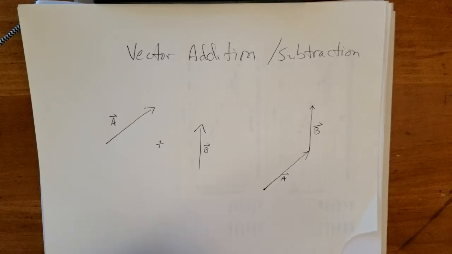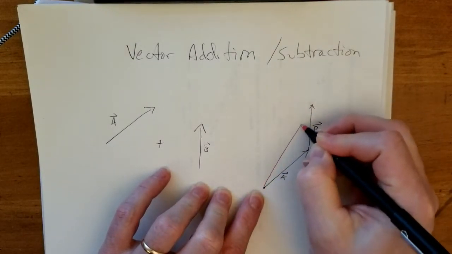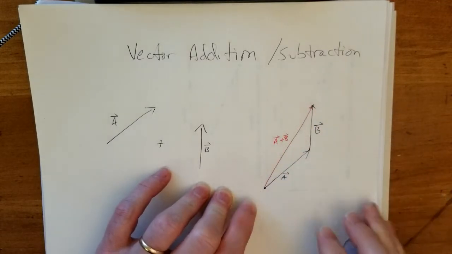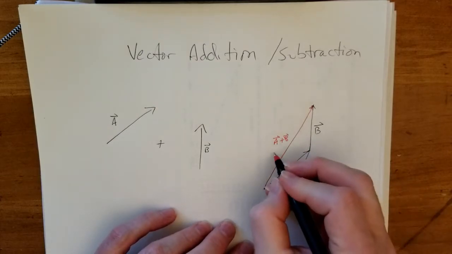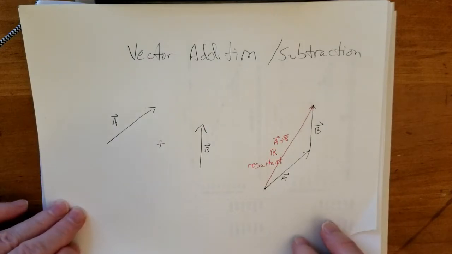So I'm basically going from there to there. This is the vector A plus B. This is also known as the resultant. So that's the resultant. And that's how you add them graphically.